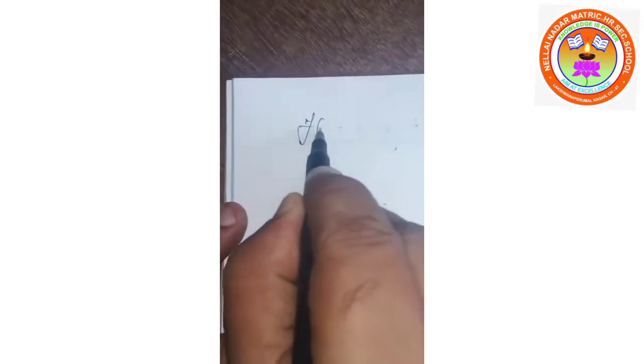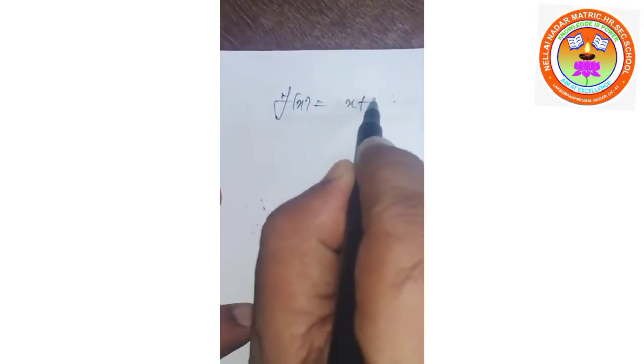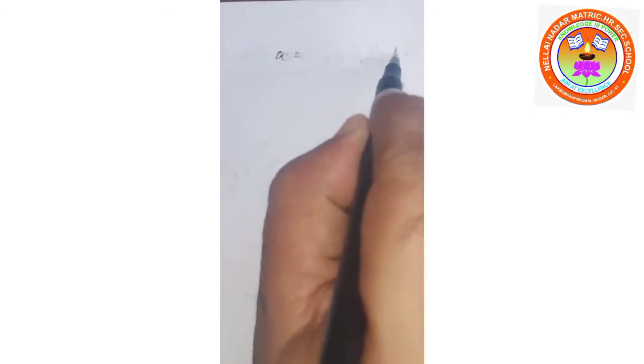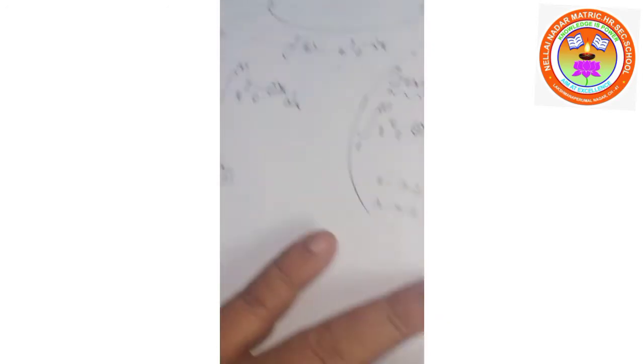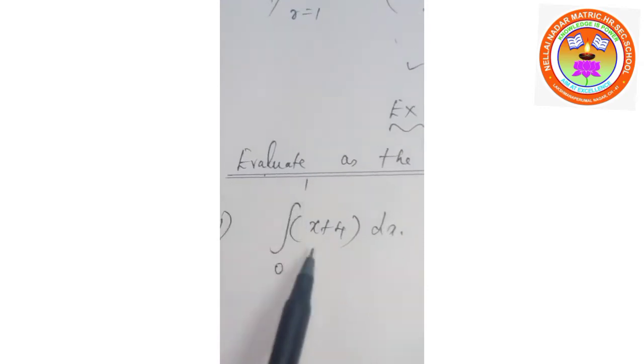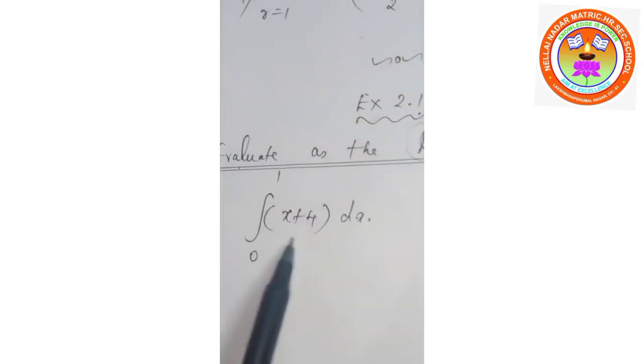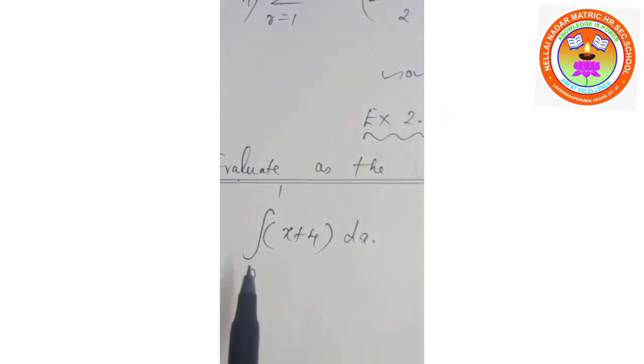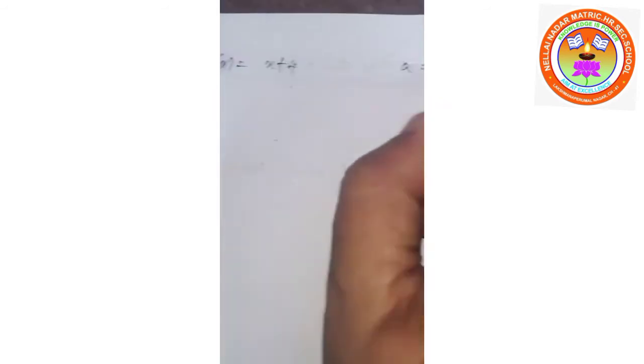Here f of x equals x plus 4. a is the lower limit and b is the upper limit. a equals 0 and b equals 1.